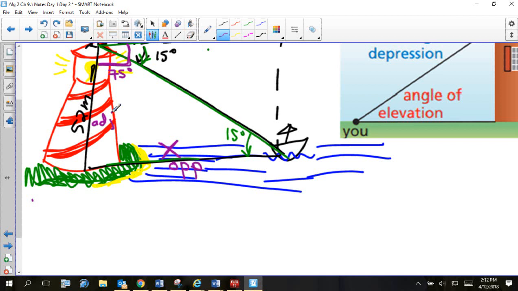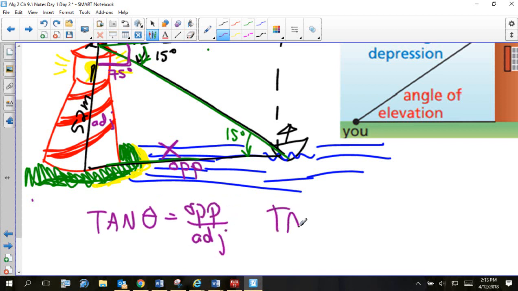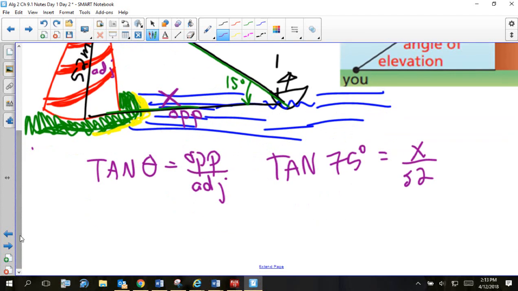What am I going to use? Tangent of theta equals opposite over adjacent. So I'm going to have tangent of 75 degrees equals X over 52. Cross multiply, we get X equals 52 tangent 75 degrees. And then type it in your calculator.